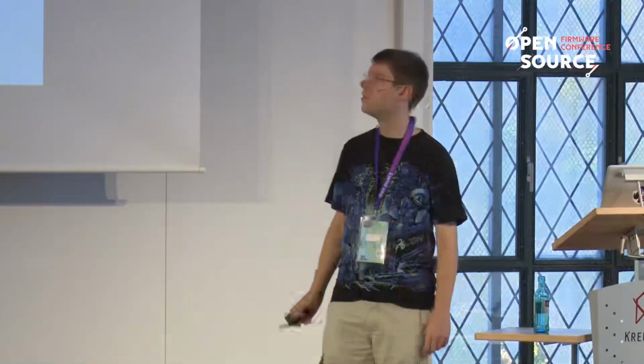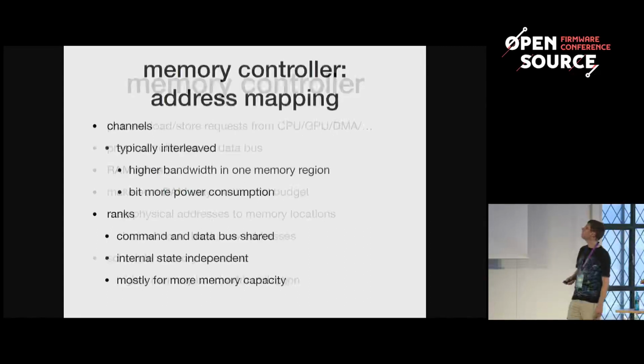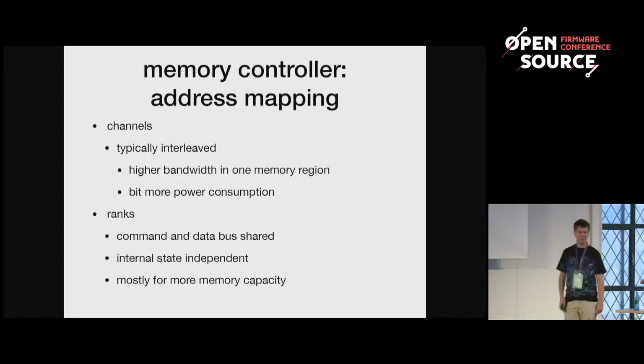And when you put more than one memory module on one channel, it also increases the number of memory ranks. I'll go into that later a bit. Then the bank and the row addresses. So yeah, let's look a bit more into that.